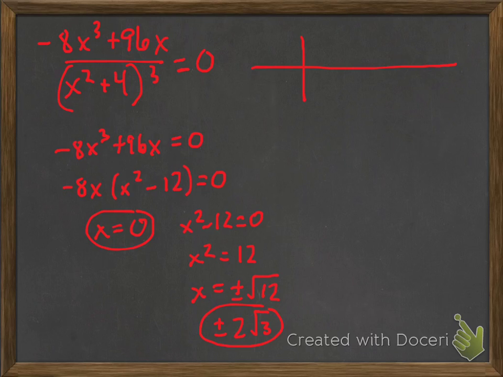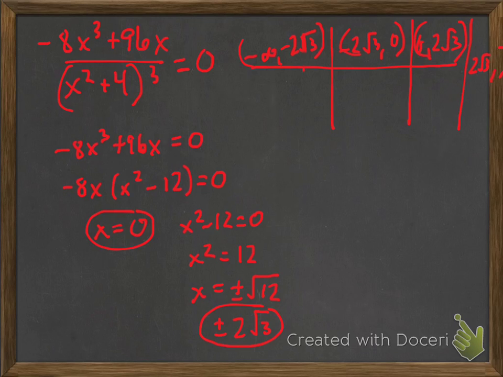So we go from negative infinity to negative 2 radical 3 as one interval. And then negative 2 radical 3 to 0, 0 to 2 radical 3, and then the one that's sneaking off the page there is 2 radical 3 to infinity.